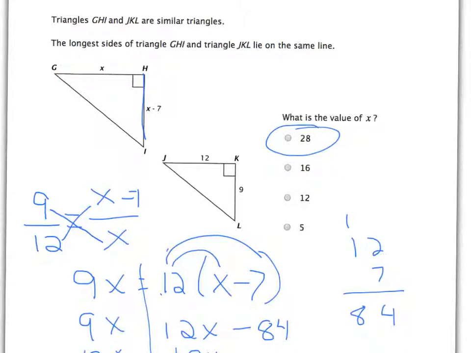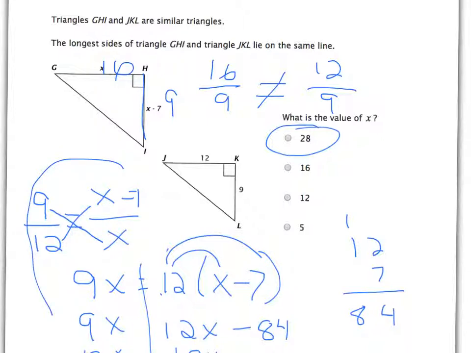If this was 16, 16 minus 7 is 9. 16 over 9 is not the same as 12 over 9. So you know that one did not work. So if nothing else, if you don't know setting up the proportion and solving equations, you could have just plugged numbers in to see if it worked.